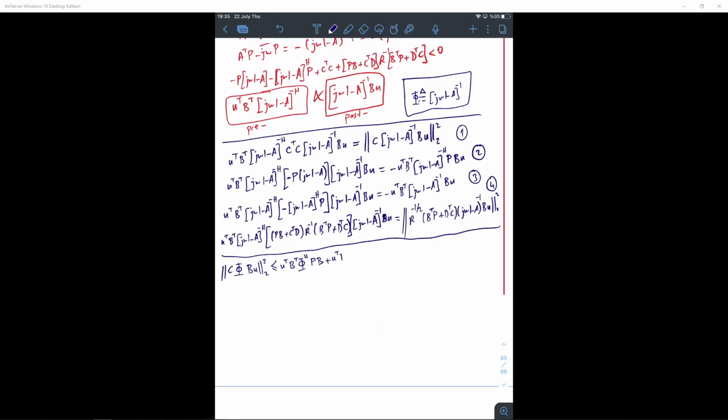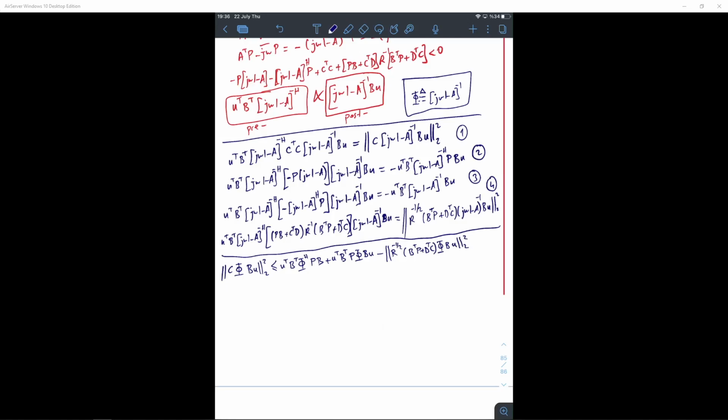U transpose B transpose P phi BU minus, right? Okay, R minus square root and B transpose P plus D transpose C. Okay, phi B U.